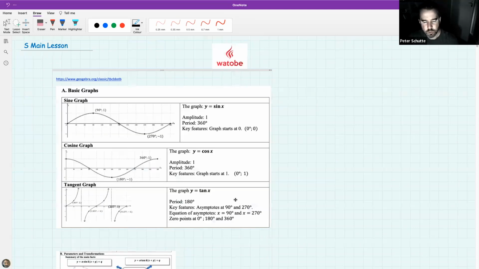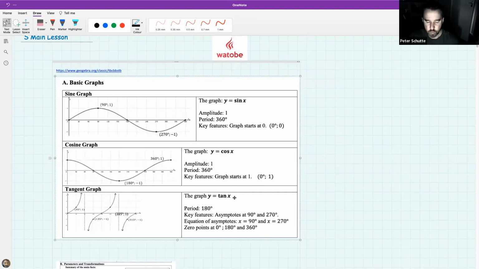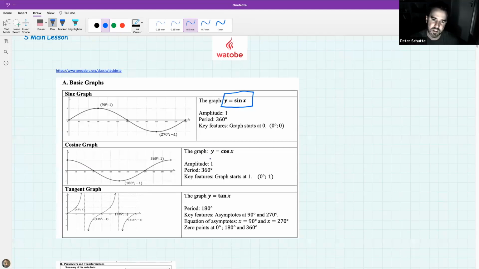So we're going to be talking about trig graphs, and it's always good to do a bit of consolidation. I want you to look at these most basic, definitional trig graphs. We've got y equals sine x, y equals cos x, and y equals tan x.